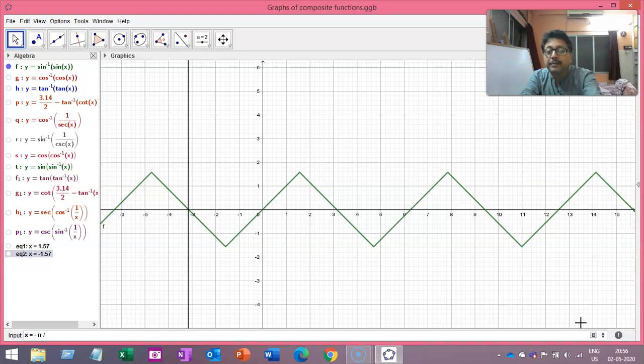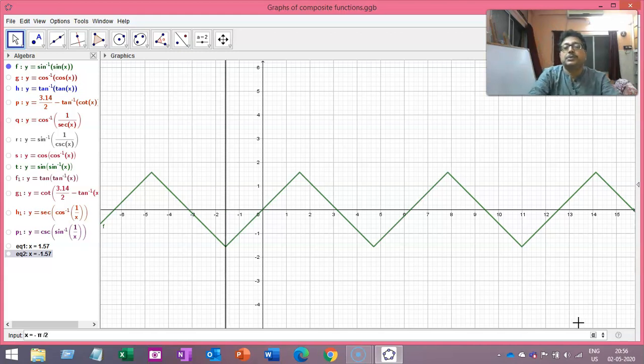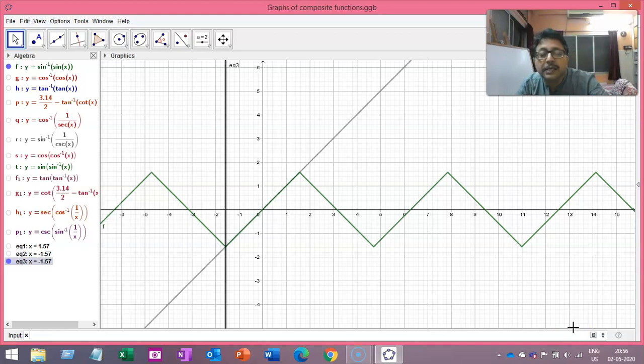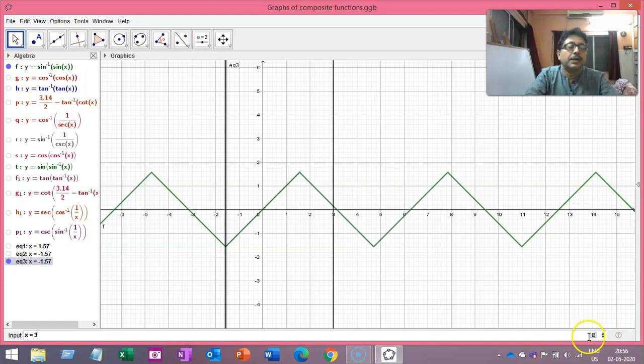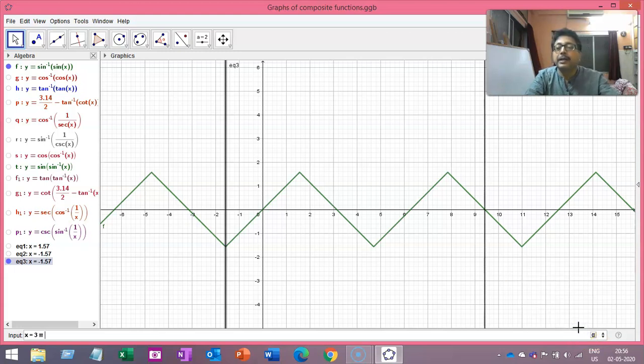Then I am going to plot x equal to 3 pi by 2.